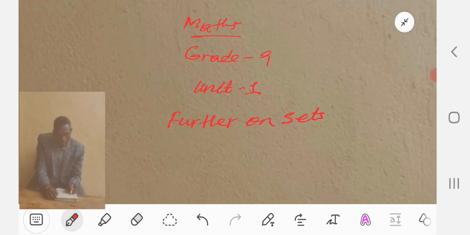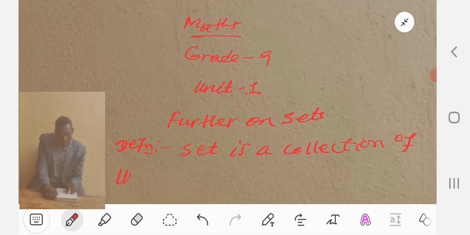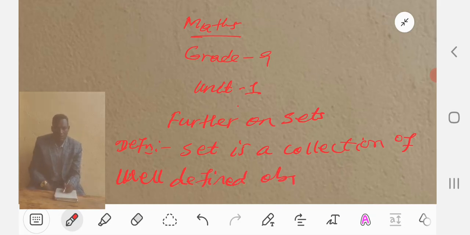Let's define the set. Therefore, first we will see about the definition of set. Set is a collection of well-defined objects.